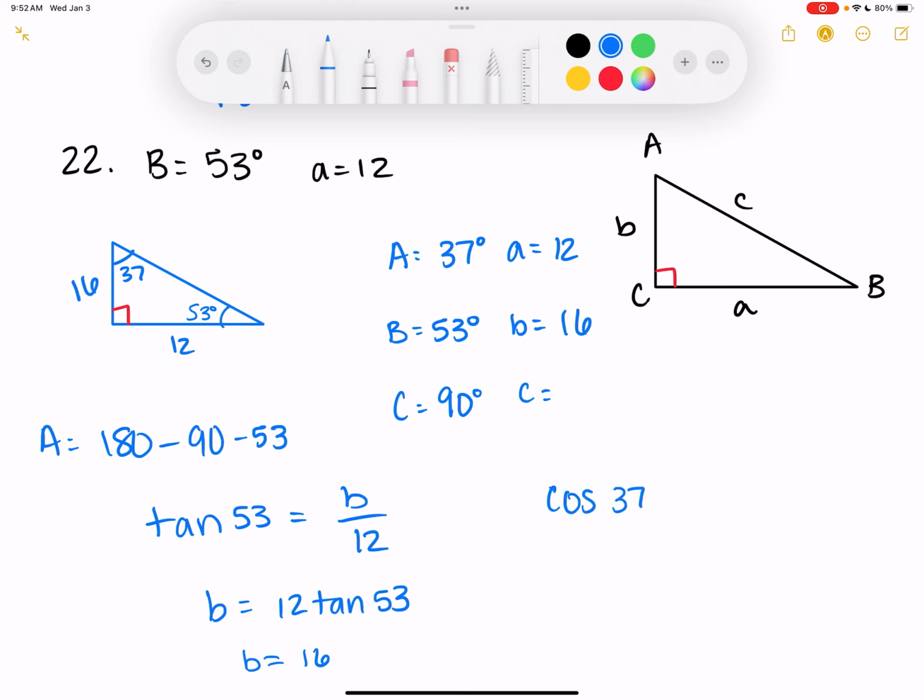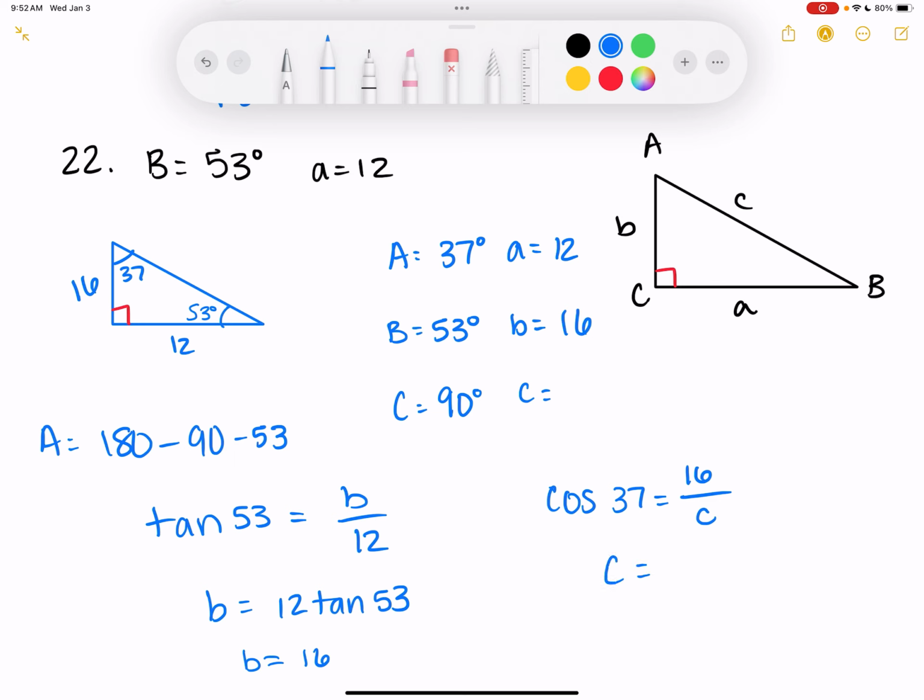So the cosine of 37 is equal to 16 over C. So that's what I'm trying to find. Obviously I have C on the bottom over here, and I'm trying to find that. So I'm going to swap C and the cosine of 37.